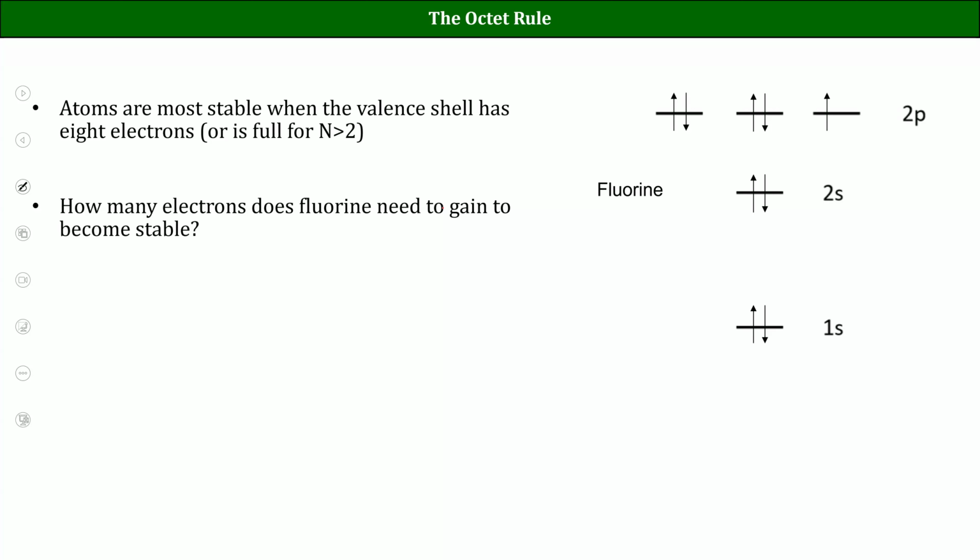So for fluorine, here's the electron configuration for fluorine. We can see pretty easily the best way to make it more stable is to do what? Gain or lose? Gain just one, right?